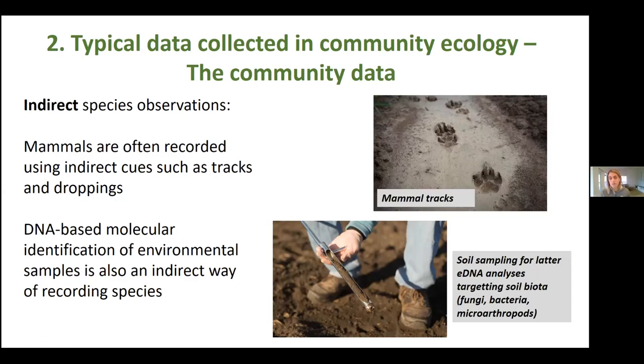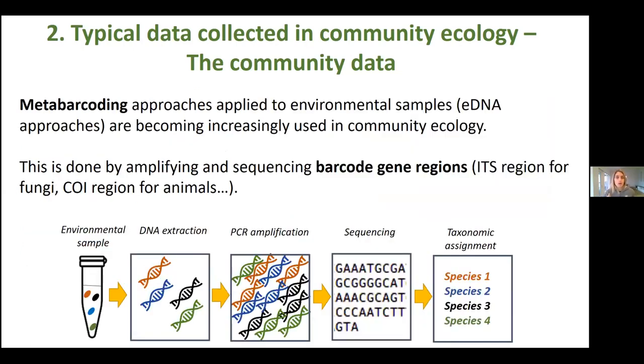So for example, if we go to the field and we collect one soil sample, and then we apply DNA barcoding to record what species of fungi, bacteria, or microarthropods are in our soil sample, this is an indirect way of recording the species.